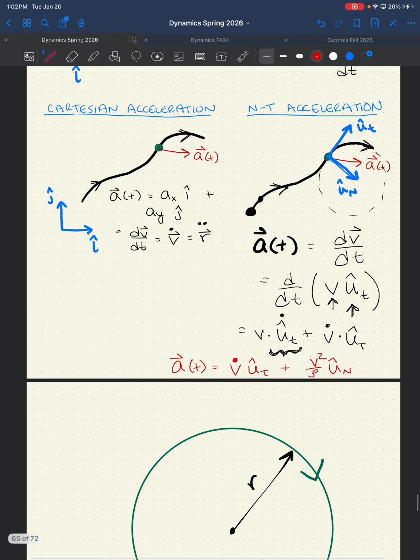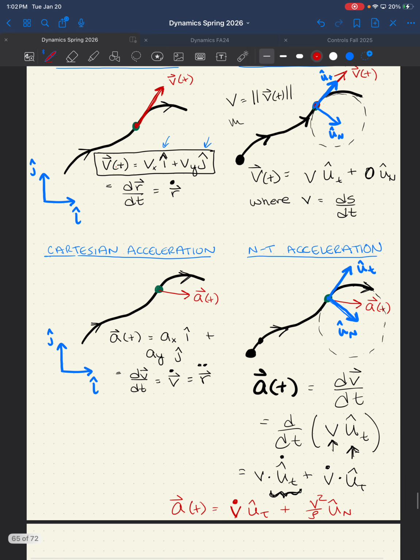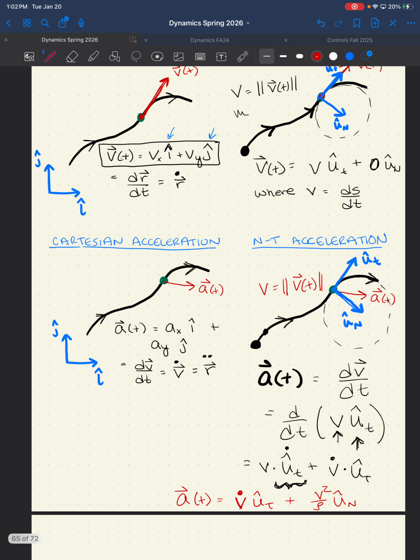Our normal component of acceleration is equal to v squared over rho. What happens as we divide by a bigger and bigger number? It gets smaller and smaller. It goes to 0, absolutely. So our normal component will go to 0 as the path becomes perfectly straight.